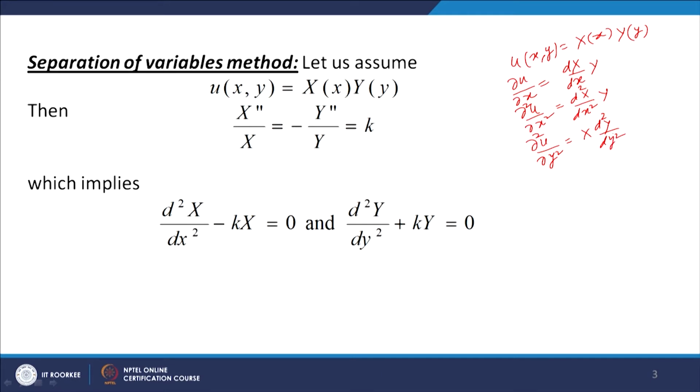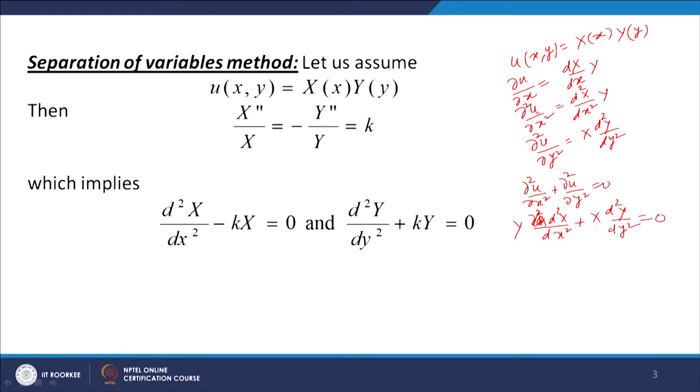Now, del square u over del x square plus del square u over del y square equal to 0 gives us Y times d square X over dx square plus X times d square Y over dy square.